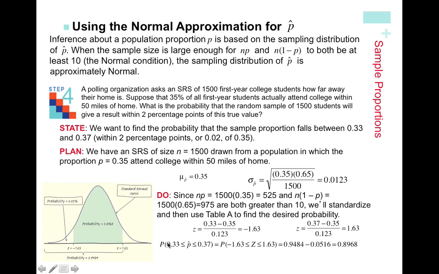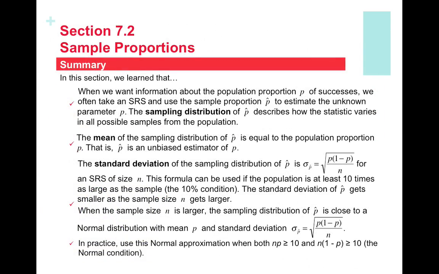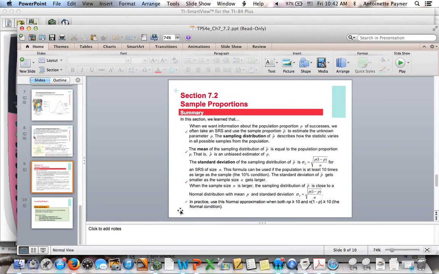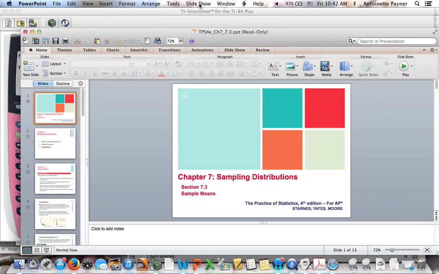Okay, so I would have written out this statement, I would have drawn my picture, always draw your picture, and I would have had normal CDF there. And then I would write a summary statement. Alright, then the last thing we did here is we did the same thing for the sample mean.